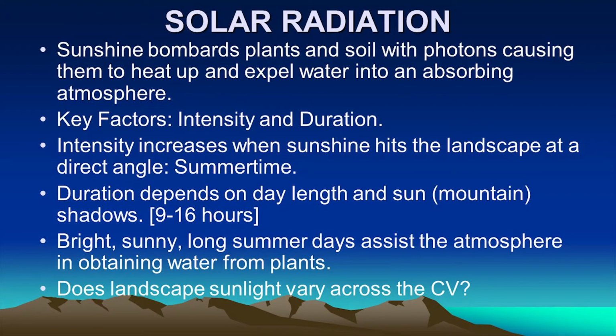So intensity is, in the summer, the sun's almost directly overhead, and you have the most intensity. In the winter, the sun is slanted down that way, and it hits your plants and your soil at an angle. In the summer, it hits almost directly overhead. So sunlight is not as intense in the winter as it is in the summer.